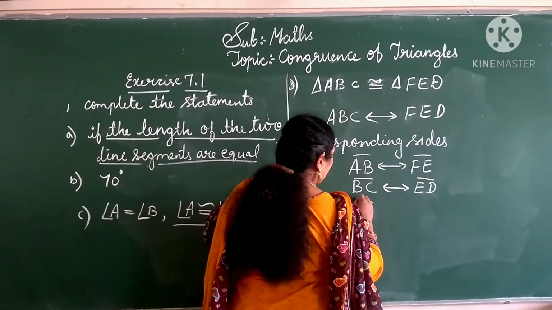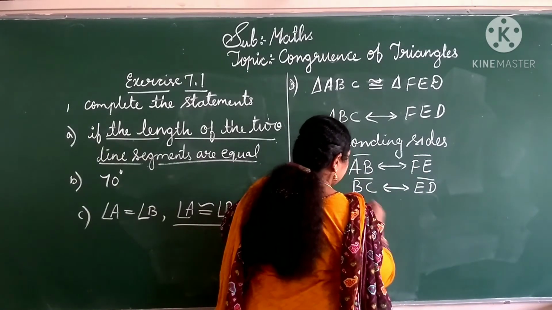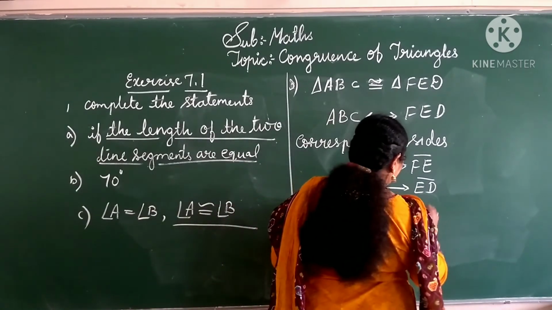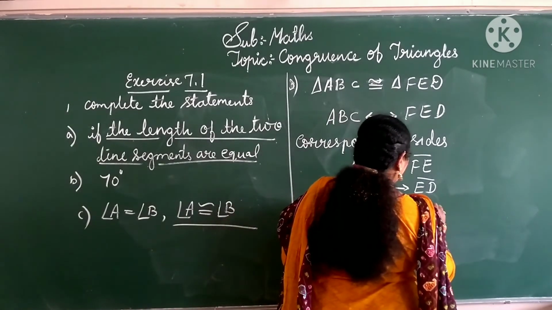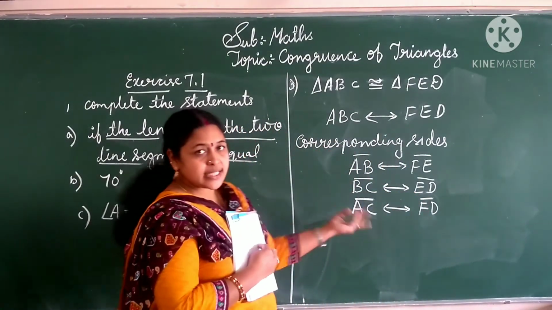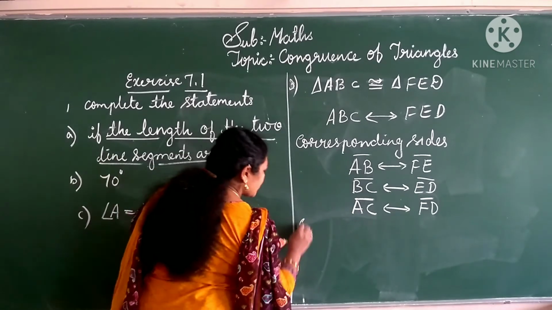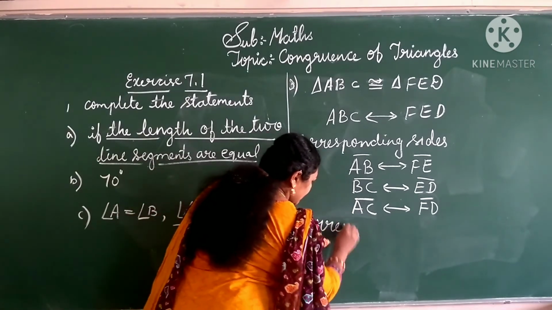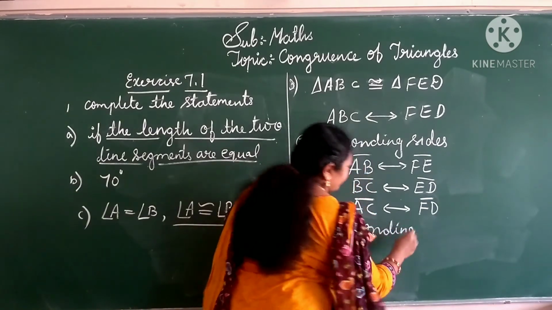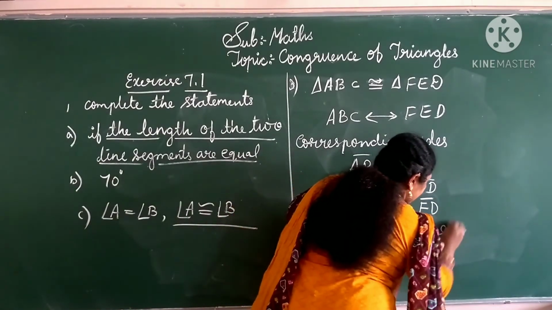Now AC will be corresponding to FD. The three corresponding sides we will get. The next one is corresponding angles.